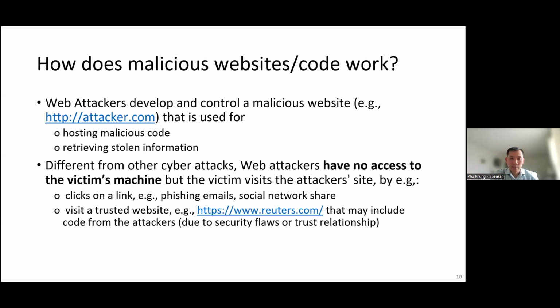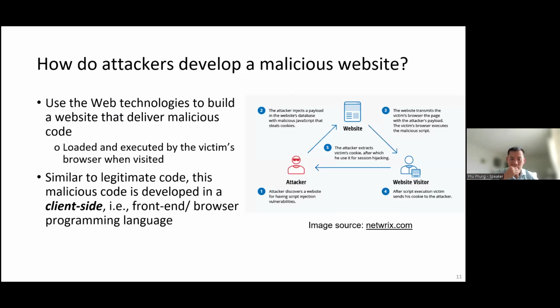And technically, how an attacker develops a malicious website is similar to other web development, right? The attacker typically develops a website, but different from legitimate ones, they will do some malicious behavior.